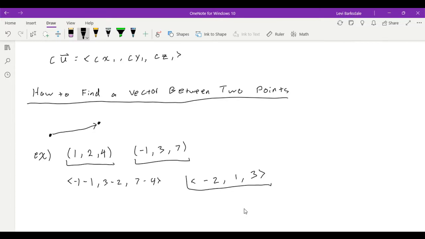Another way to think about this is the change in x from this point to this point is -2, I decrease my y value by 1, and I increase my z value by 3. And that matches exactly what I see in this vector here.